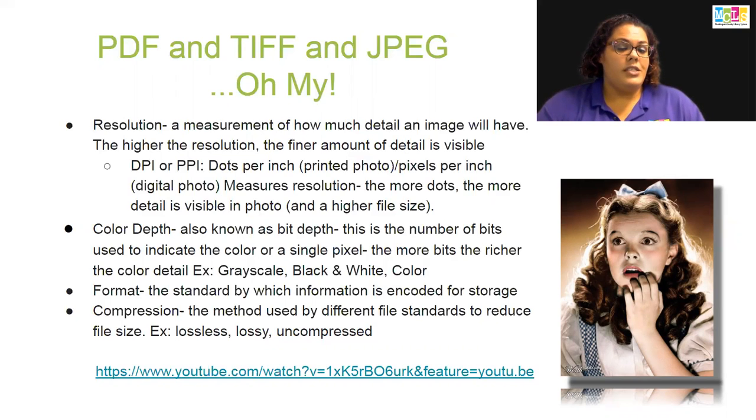So it's lossless. It's changing it, but it's not losing any resolution. Where lossy would be like a JPEG. It is compressing the file, making it smaller, less storage, but you are losing some of that resolution, so it's kind of a give and take with that.